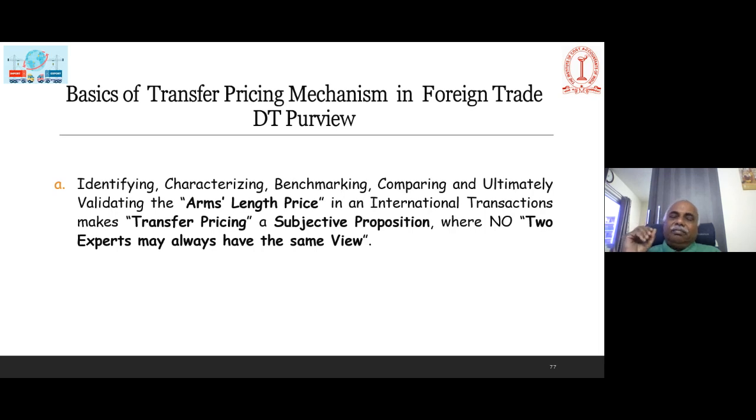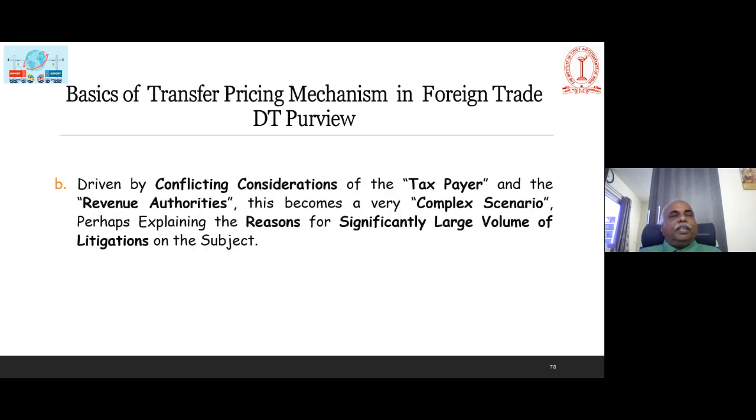So, identifying the transaction, characterizing the transaction, benchmarking, comparing, and ultimately validating the arm's length price in international transactions makes transfer pricing a subjective proposition where no two experts may always have the same view. It is driven by conflicting considerations of the taxpayer and the revenue authorities.